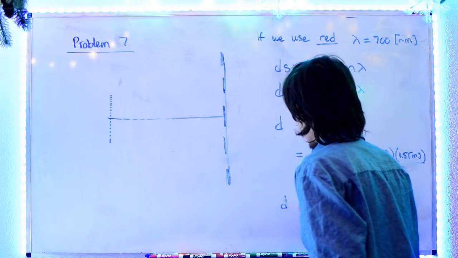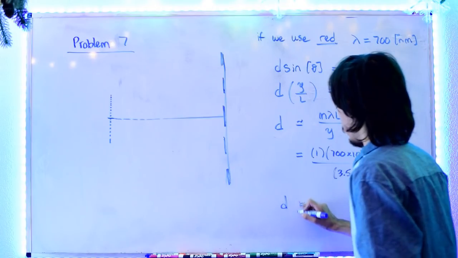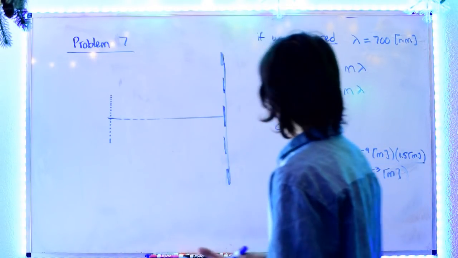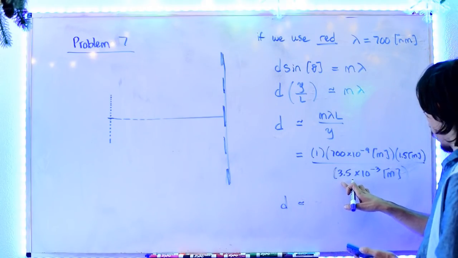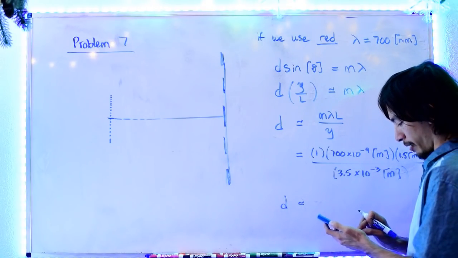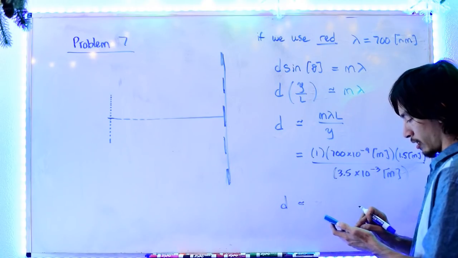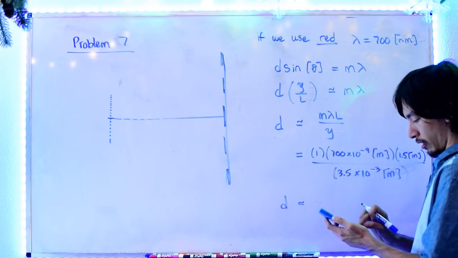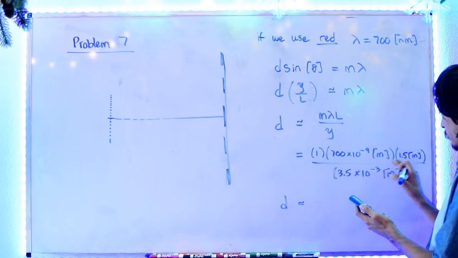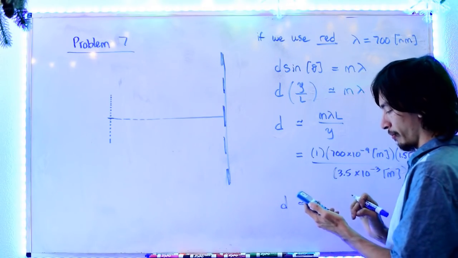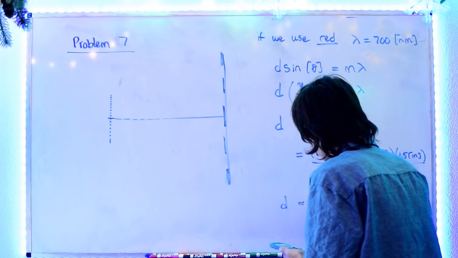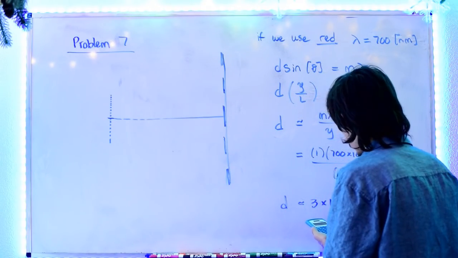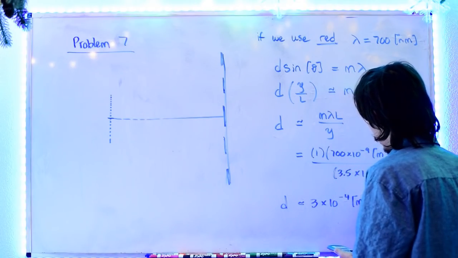And we calculate this distance d. We find that the distance d is approximately, so we have 3.5 times 10 to the minus 3 inverted. It's on the bottom, multiply across 700, 10 to the minus 9th, and 1.5. Okay, so we get d is approximately 3 times 10 to the minus 4th meters.